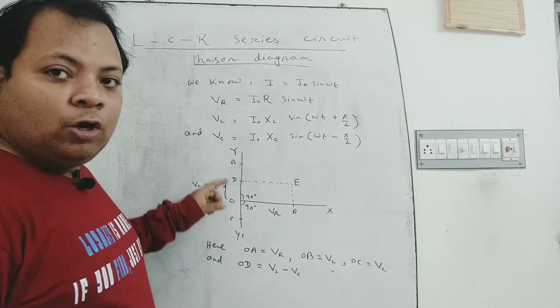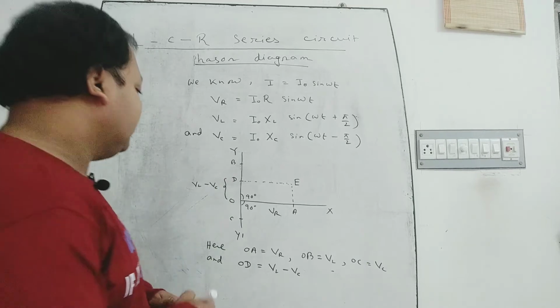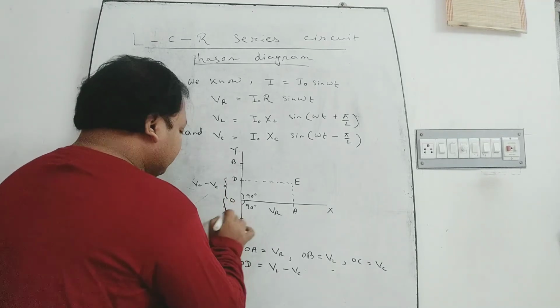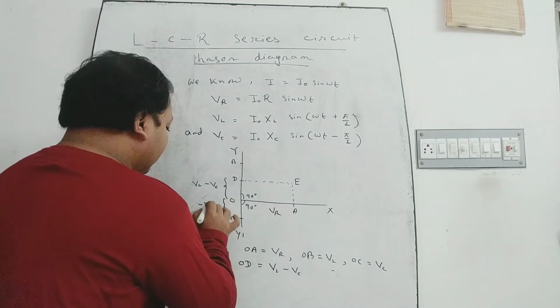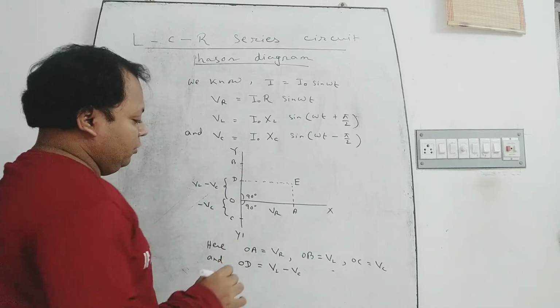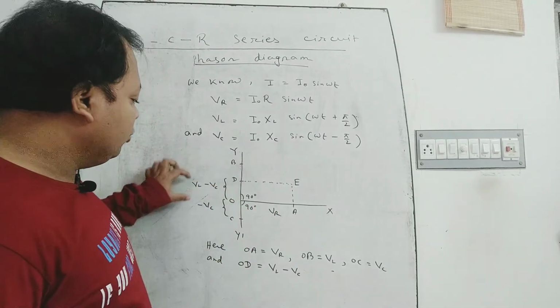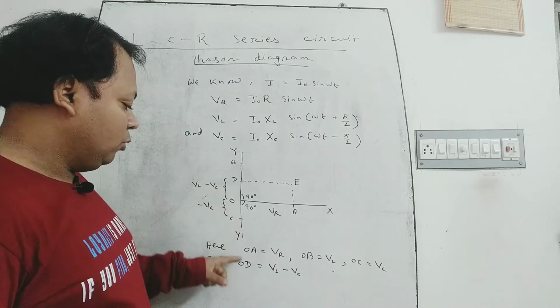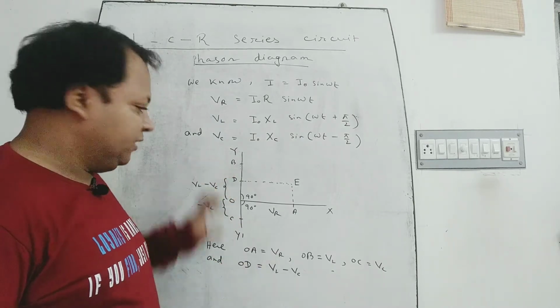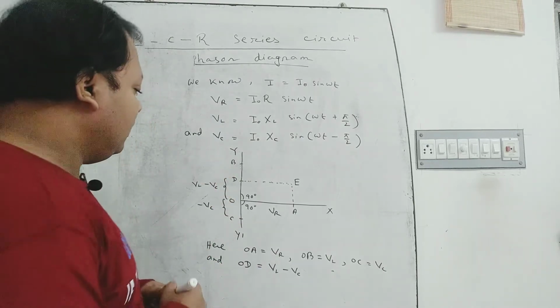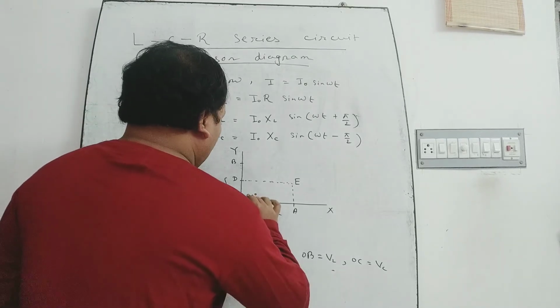That's why we plot VC along the negative y-axis. OD is equal to VL minus VC. OE denotes the resultant voltage of the circuit, because VL and VC are in opposite phase.